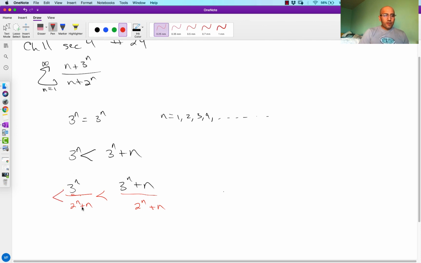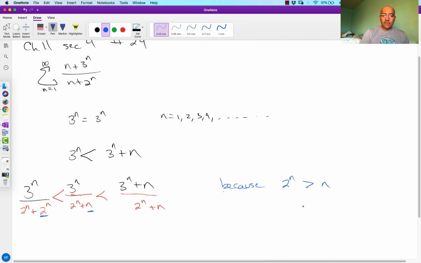Okay, but then if we want to go even further, if I take the same thing, the 3 to the n, and divide it by 2 to the n plus something that's even bigger than n, then I'm going to get a new fraction value that's even smaller. So I want to say that this is true.